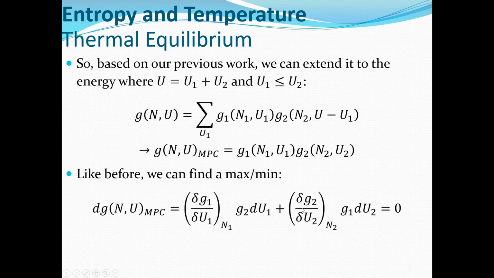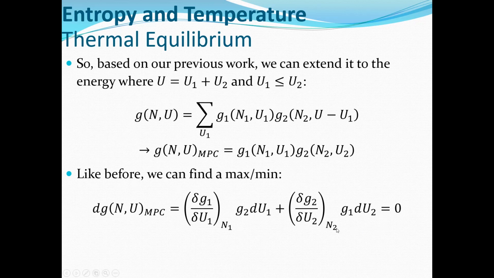Now we find the min and max pretty much the same way that we did last time, where we take the derivative here. This time we're not going to use the Gaussian equation since it doesn't really apply here. Instead, what we get is this: if we take the partial derivative of this with respect to u1, and then we take the partial of this with respect to u2, that's where this equation is coming from.